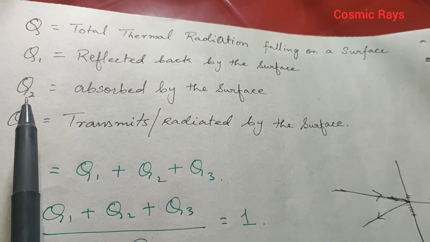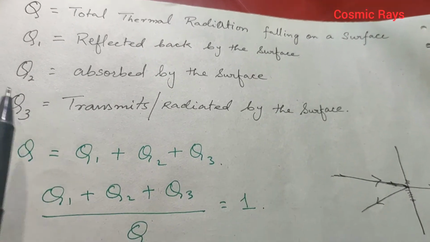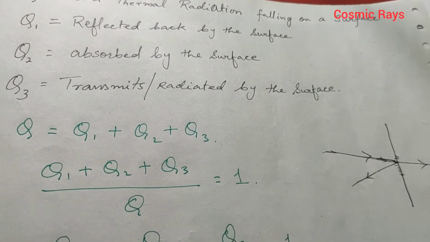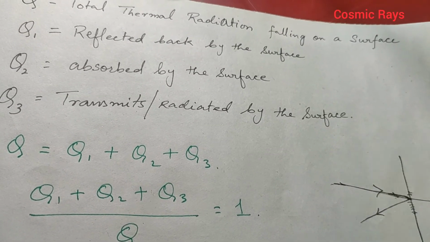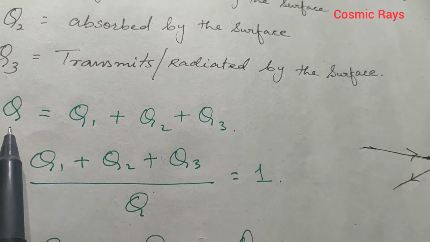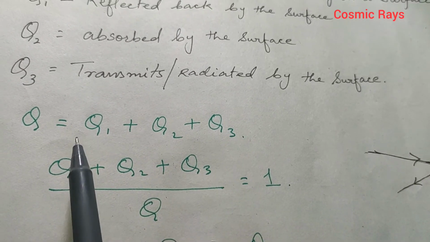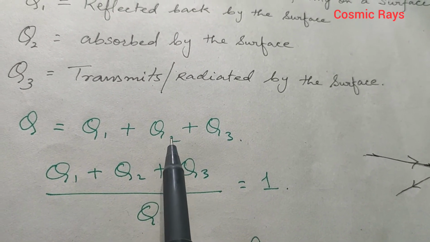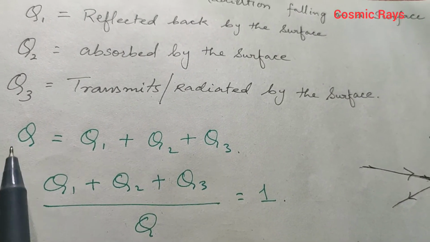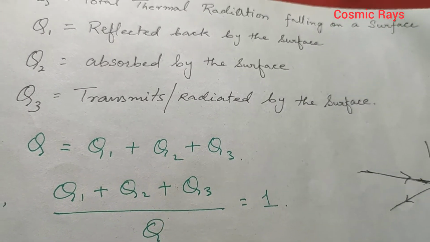Another part, let's say Q2, is absorbed by the surface, and finally the leftover, that is Q3 part, is transmitted or radiated by the surface. So the total radiation Q is the sum of all three parts: the part which is reflected back, the part which is absorbed, and the part which is transmitted or radiated by the surface. So we write Q is equal to Q1 plus Q2 plus Q3.